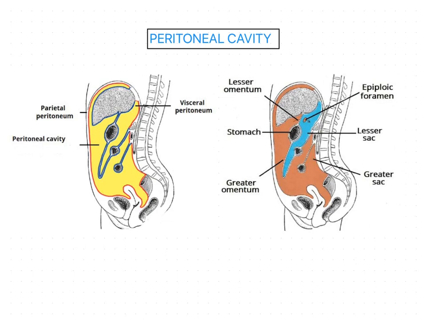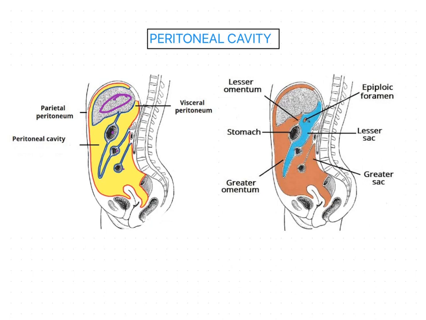The viscera which invaginate the peritoneal cavity completely fill it, so that the cavity is reduced to a potential space separating adjacent layers of peritoneum. So these are the organs, and the entire thing is the peritoneal cavity.